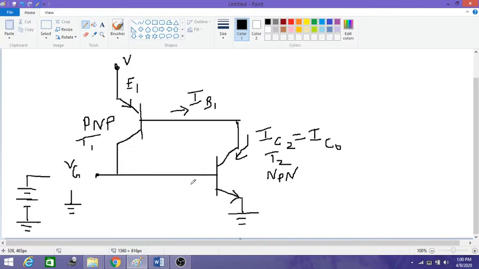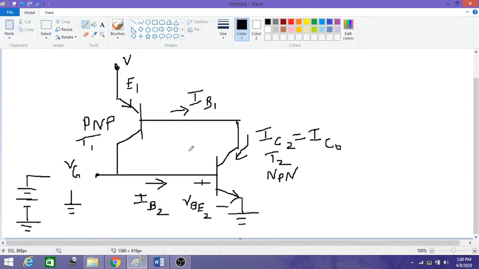T2, and this voltage from here to here we call it as VBE, base to emitter voltage, VB2. Then this current I call it as IB2.